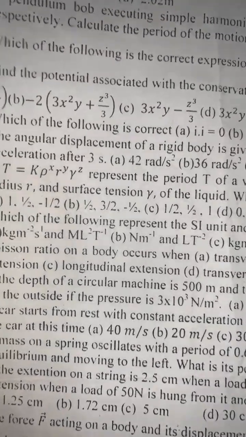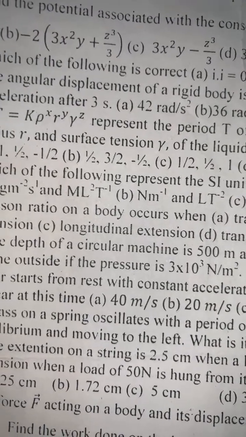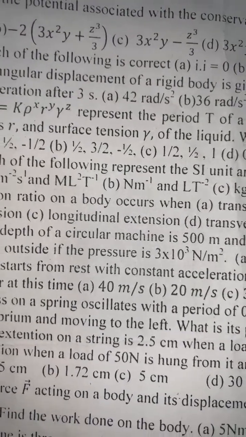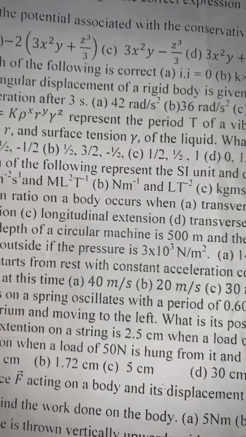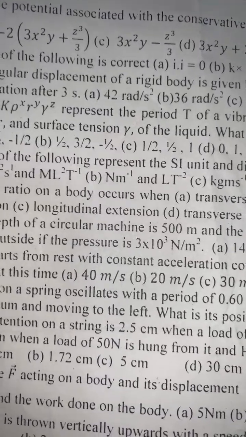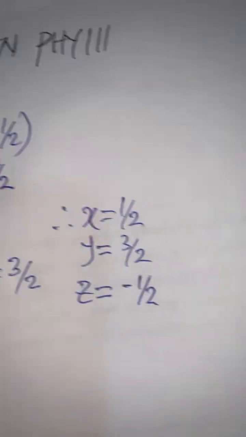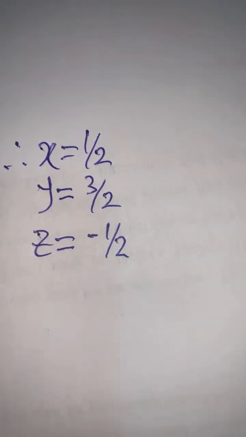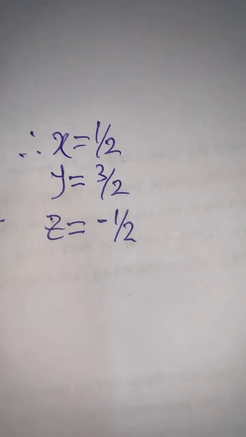B, look at B. Are you seeing B? Take note of this B. You're having 1 over 2, 3 over 2, minus 1 over 2. And look at it. 1 over 2, 3 over 2, minus 1 over 2.